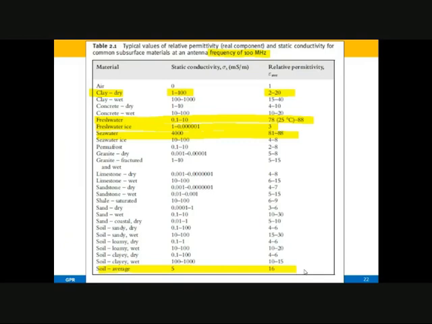Sea water has a conductivity in the order of 1000, like 4000. See how conductive sea water is? The relative permittivity is 81 to 88, and I have delineated the freshwater and seawater boundary depending on that. So you see the contrast here. If there is a freshwater zone at the top and a seawater zone just below it, then you can easily find the boundary because of the conductivity difference.